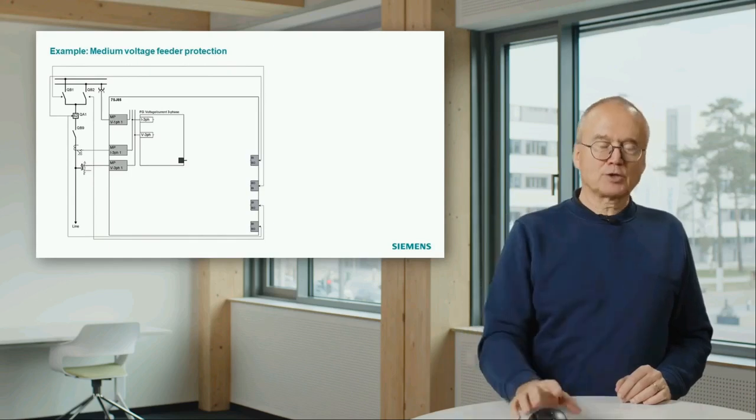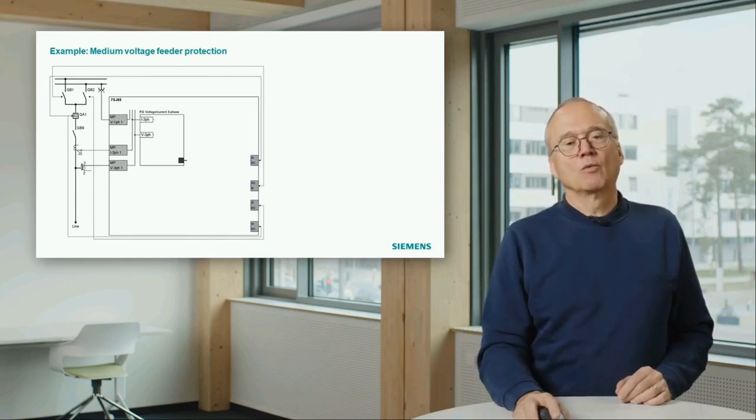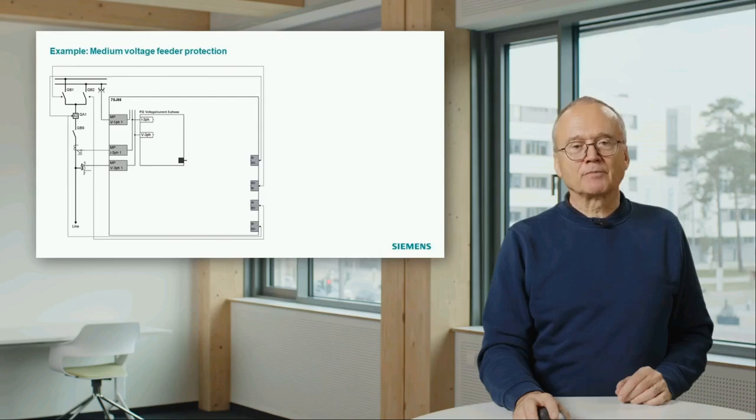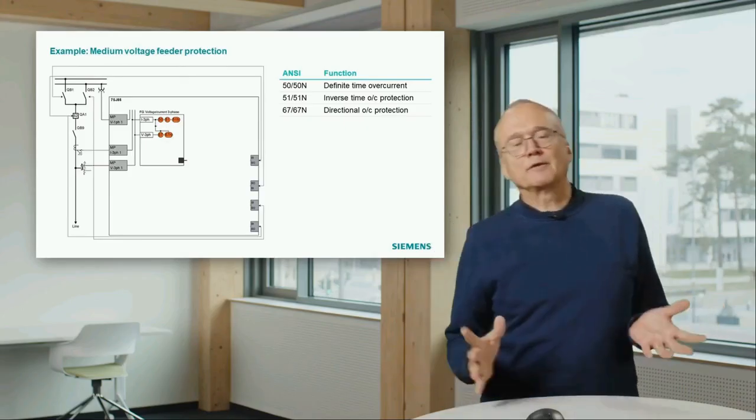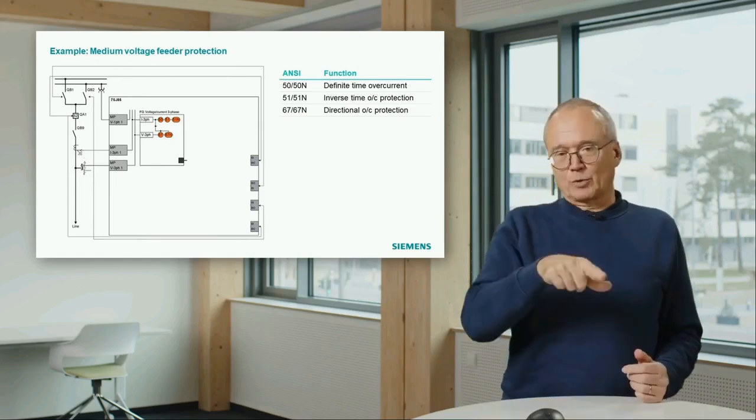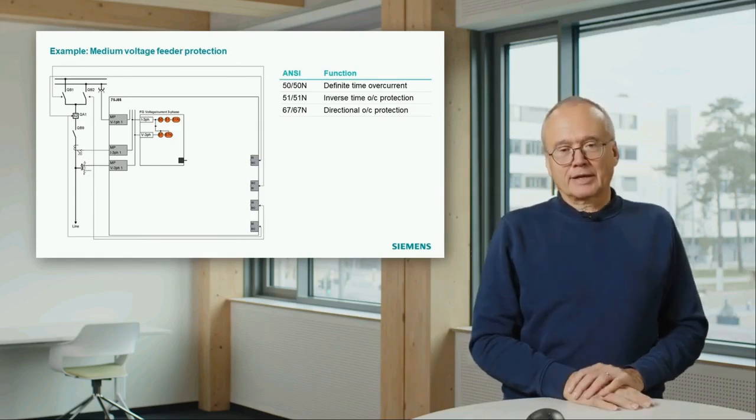Now remember, the first step is we must think about what is the main protection function. And in this case, we have a medium voltage feeder protection. So typically you apply overcurrent protection there. You see here the three functions we are going to use in this case, the 50 and the 51. Depends on whether we use definite time or inverse time. Remember, definite time overcurrent is the overcurrent with the stepped characteristic.